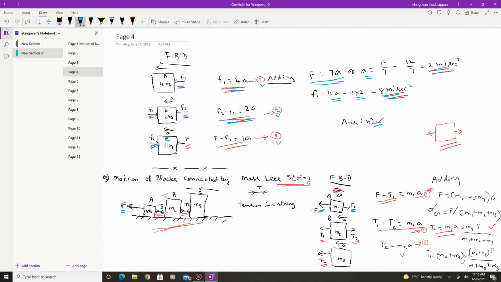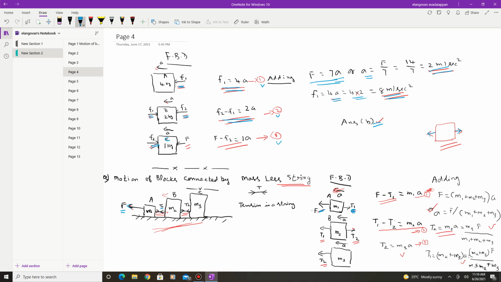It is very important to note that for block B the tension force is acting away from the block. In the previous case, if the two bodies are in contact, the contact force is acting towards the block, but here the tension force is acting away from the block. So this is very important.